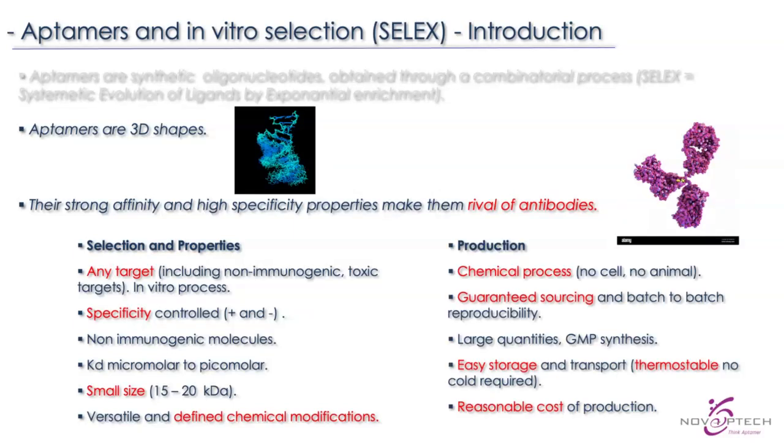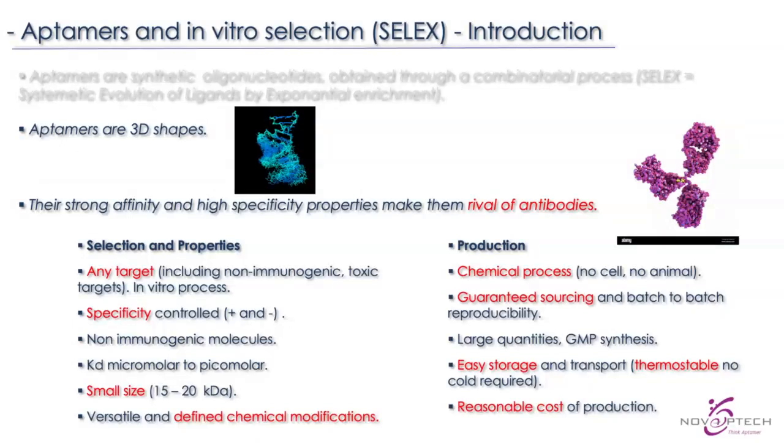These molecules are obtained by a chemical process. We can introduce defined modifications in order to get tools that will display particular properties for the recognition or for the detection. And thanks to the chemical synthesis, we can get a large amount of oligonucleotides, a large amount of candidates.